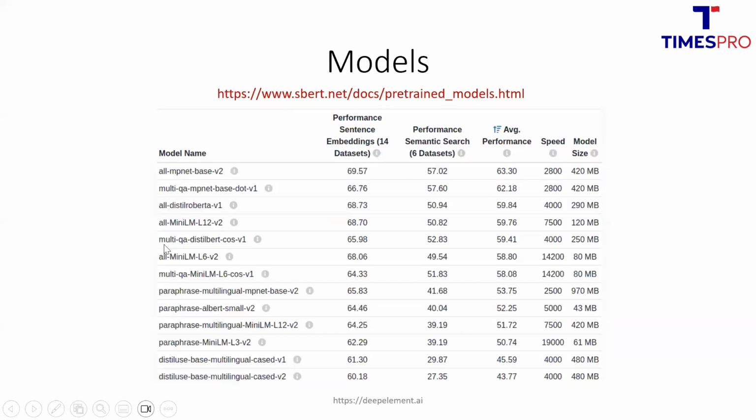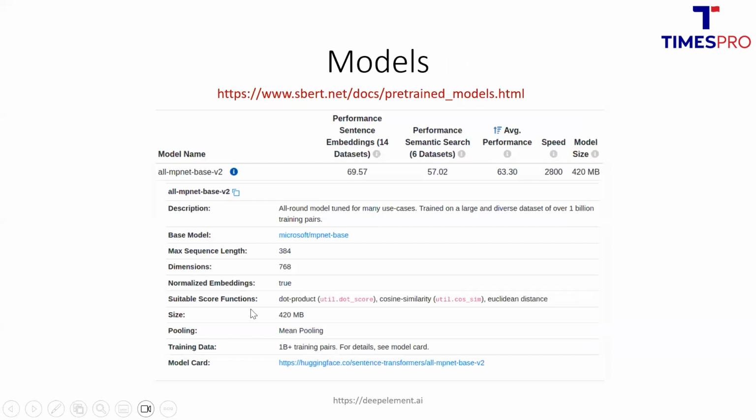All the names of the models are available on this website, and also the descriptions of the models, on which data set they were trained and how they were trained. For example, if you open this link over here at the bottom, you'll see the reference to the paper which describes how MPNet was trained. Okay, so all those descriptions are available.